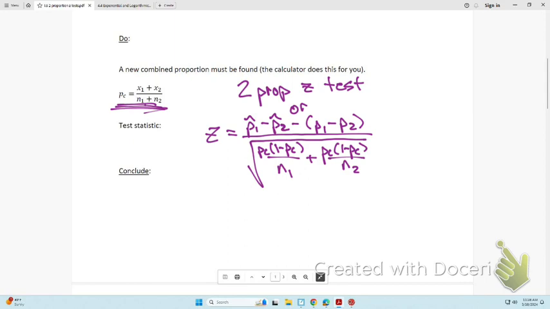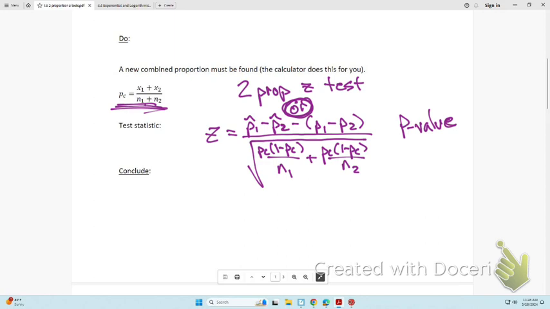Make sure you write down the p-value. Make sure you write down all the other little pieces like P1 and P2 and what Z actually equals. And remember, you can write the name of the test or the formula right down there. I would write the name of the test.